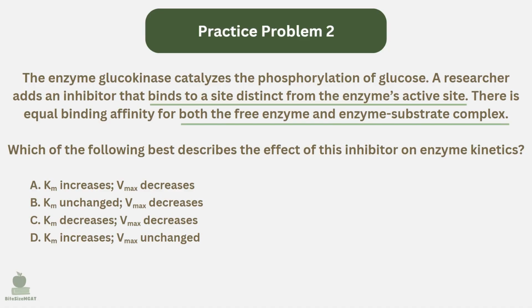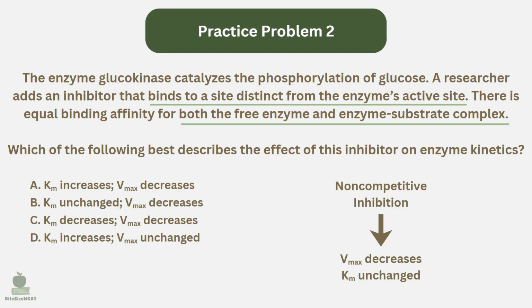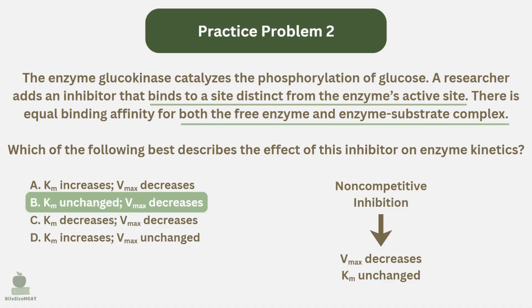So what inhibitor does these kind of things? Yeah, a non-competitive inhibitor. So now recall what happens to the kinetics with the addition of a non-competitive inhibitor. Well, Vmax decreases and Km stays unchanged. So which one of our answers shows this? Well, yeah, that's B.